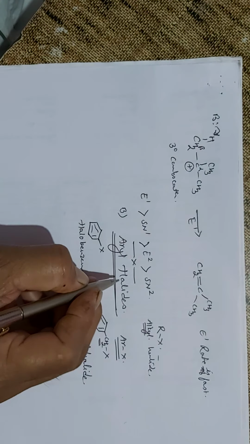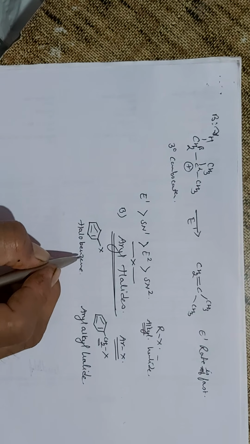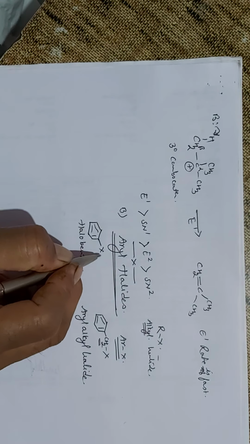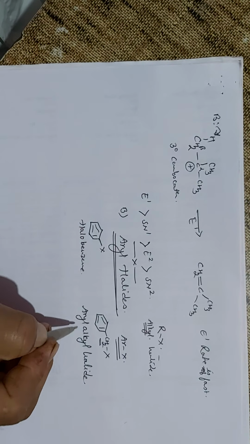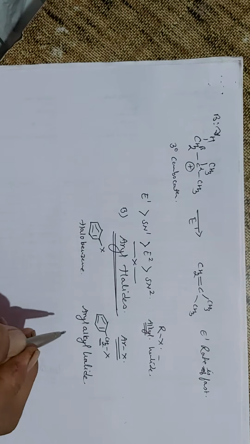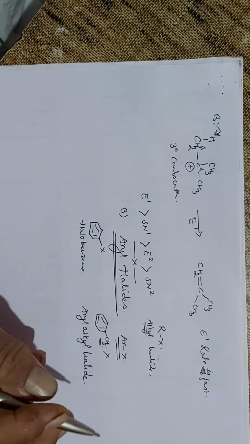So here the aryl halides are of two types. First is aryl halide itself, that is the halogen is directly attached to the benzene, and the second is aryl alkyl halide, in which the halogen is attached to the side chain of the aryl compound.